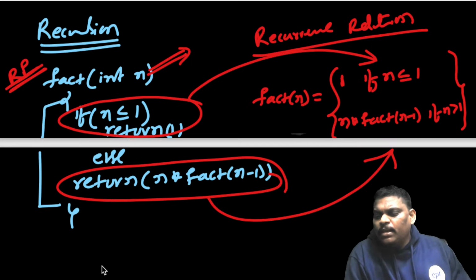If you know programming, you know mathematics also. The person who is good in mathematics is good in programming also, because both are same. Write in the form of a mathematical function, that is called recurrence relation. Write in the form of a program, that is called recursive program. Every recursive program has a recurrence relation possible. Every recurrence relation has a recursive program also possible.